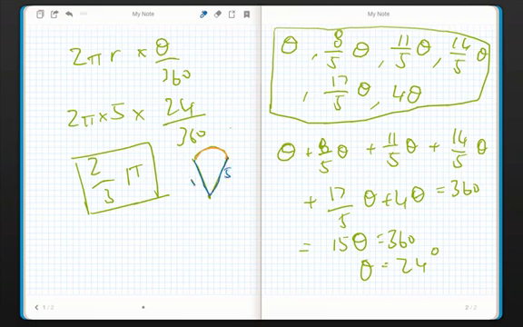The sides in blue are the radius, 5. So it's 5 plus 5 plus 2 by 3 pi, which is equal to 10 plus 2 by 3 pi, which is equal to 12.1 centimeters, since the radius was 5 centimeters. And this is our answer.